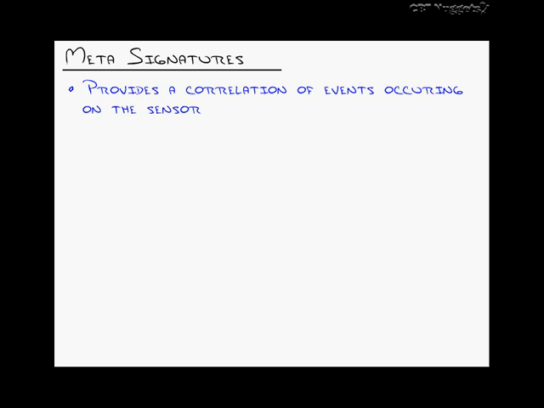Well, the job of the meta signature is to analyze multiple signatures firing and go, this means something. All these signatures firing mean that XYZ is happening. For example, a good example of this is the NIMDA virus. When the NIMDA virus, or worm, came out, it actually triggered like 5 or 6 different signatures all at the same time on an IPS sensor.